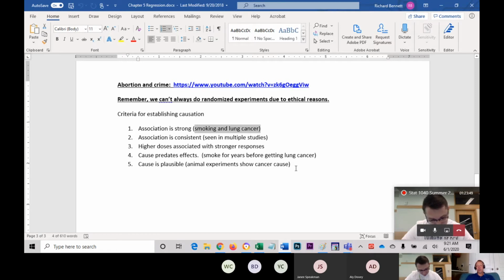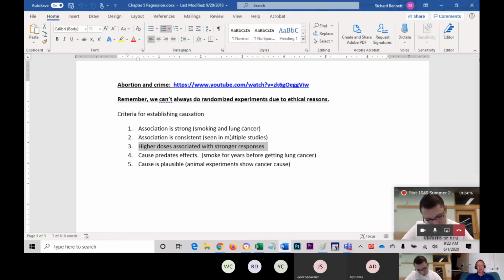In all the studies they ever do, smoking and lung cancer are always associated with each other. The association is consistent. It's been seen in multiple studies. Higher doses lead to stronger responses. So using smoking and lung cancer, people who have a higher dose of smoking get lung cancer more often.